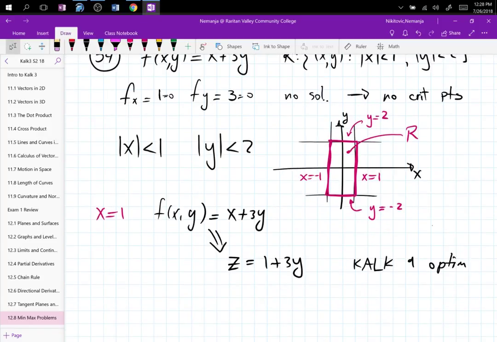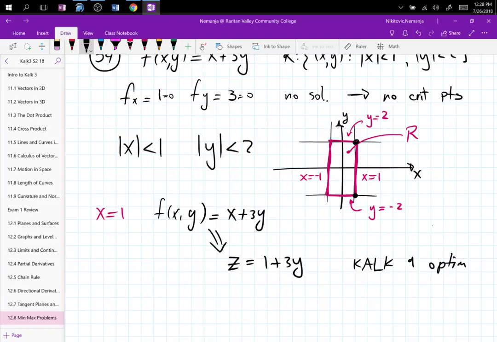Now for Calc 1 optimization, you know that you are supposed to take the derivative and set it equal to 0 and do all of that cool stuff. However, if you do that, your derivative will be 3. You set 3 equal to 0, it will again say no solution, right? But hold on. You are on the finite region over here, and you have these endpoints.